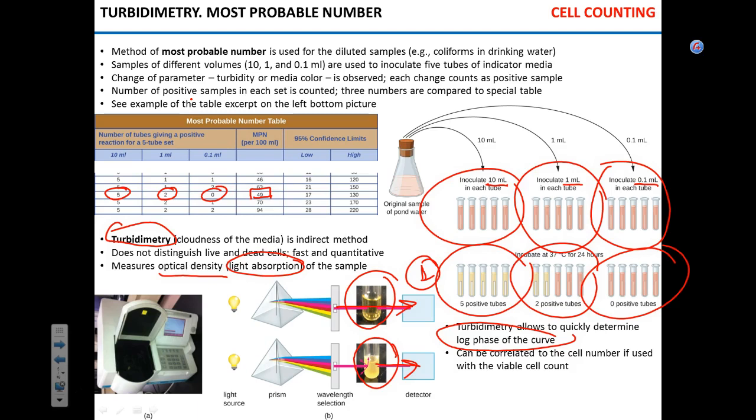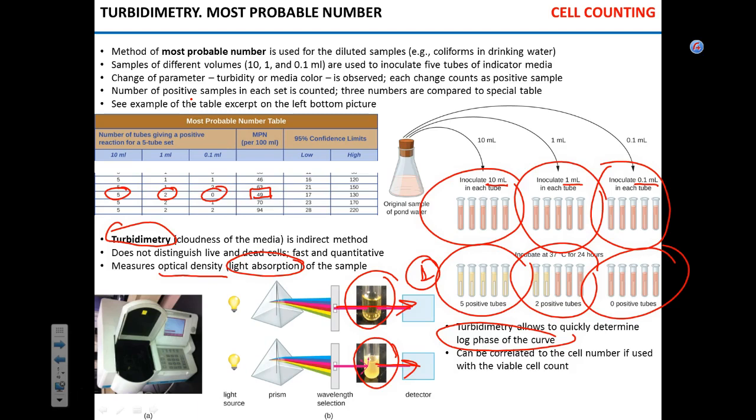Now, before we move on to analyzing a couple of other numbers, let's figure out why we call it a most probable number. It turns out that this method is heavily based on statistical analysis. And this result explicitly says we have no idea how many cells exactly you have in your sample.